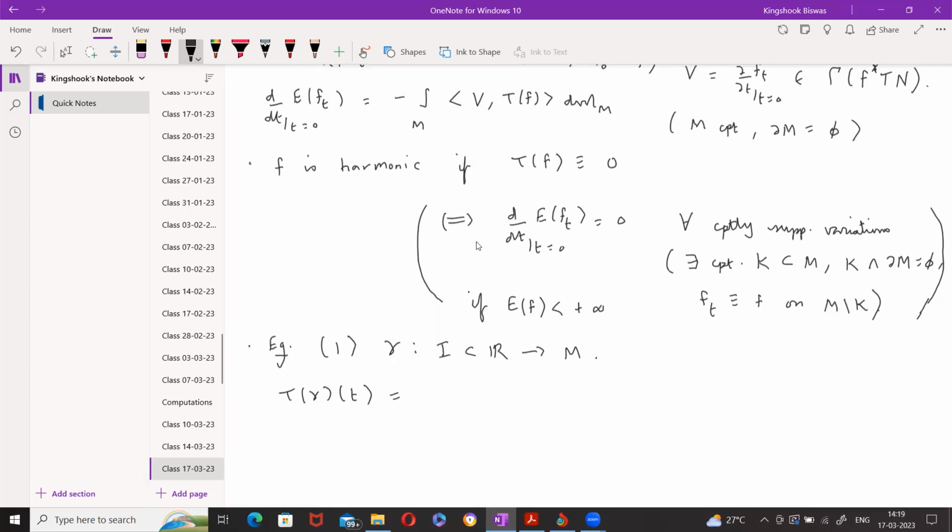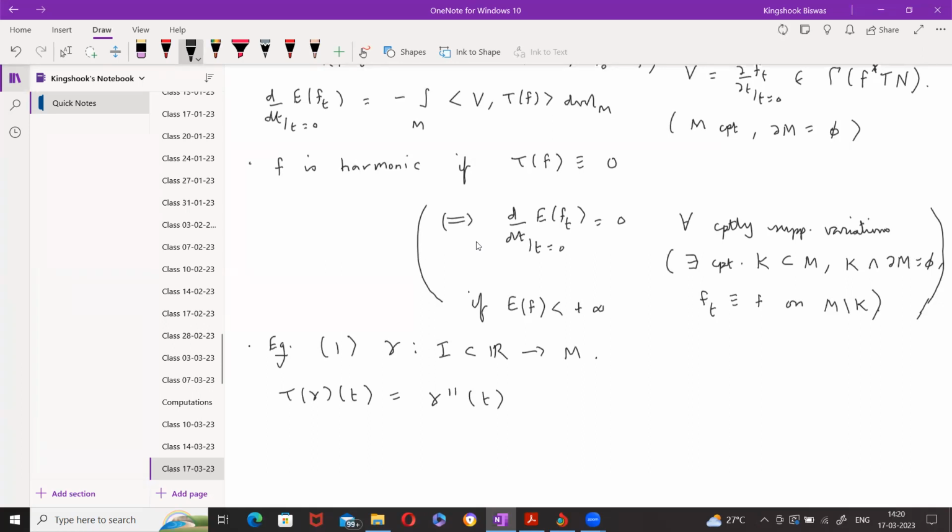The domain is one-dimensional, so with an orthonormal basis, I'm taking the trace of the second fundamental form. So I have to sum over i, gamma composed with a geodesic, its second derivative, right? The tangent space is one-dimensional, so this is just going to be gamma double prime t. Is that clear?